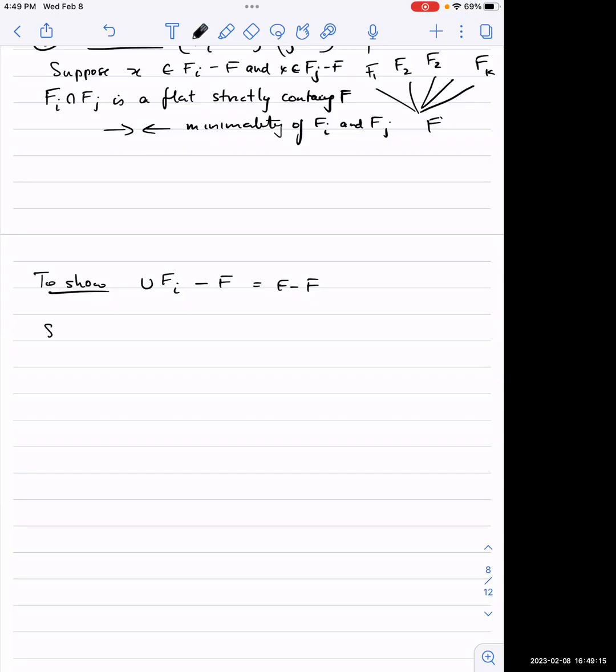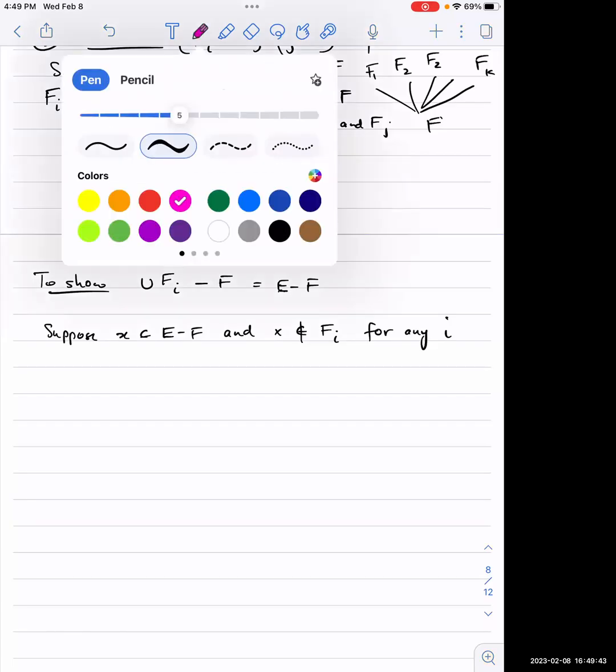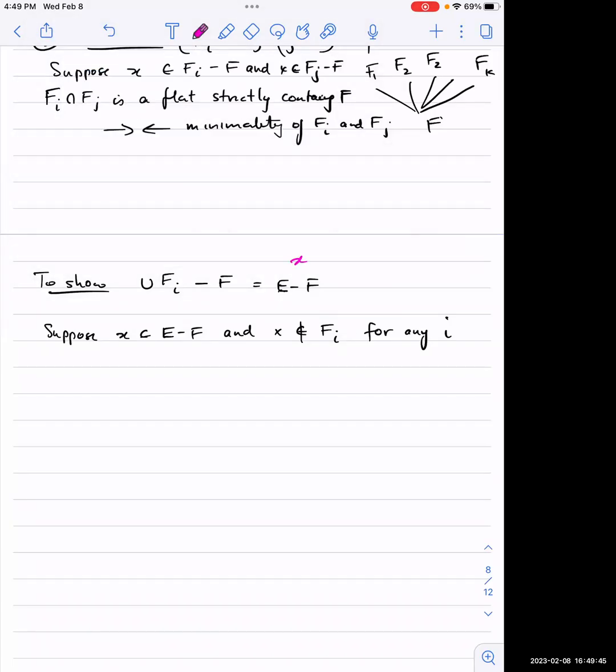Now suppose X is a member of E minus F, and X is not in any of the Fi's. So there'll be some member here, X is here, that's not in any of the Fi's.